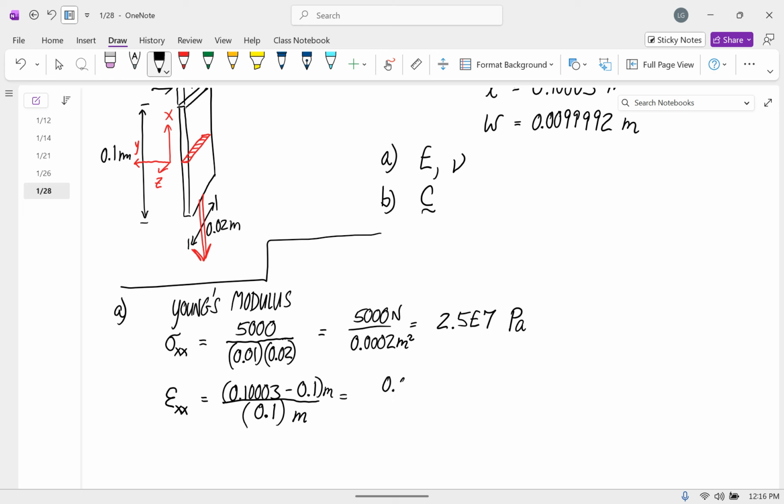And this gives you 0.0003 divided by 0.1, which is... I'm missing a zero. And so this comes out to be 3.0 times 10 to the minus 4. Okay. In that rough ballpark range of like the biggest strains that we are going to trust in this class.